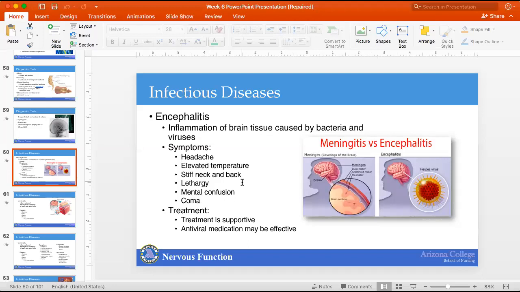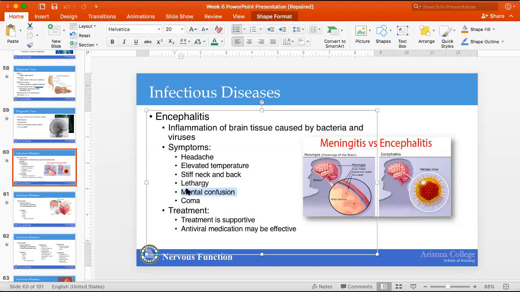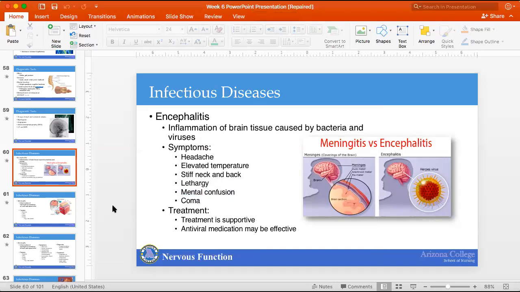Symptoms would be headache, elevated temperature, stiff neck and back, lethargy. One of the more commonly seen symptoms would be mental confusion, which could lead to a coma. Treatment is supportive. Using antiviral medication may be effective.